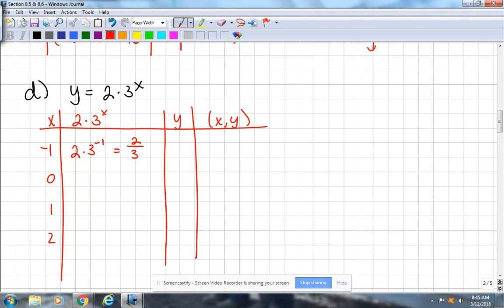Does that make sense? You keep the 2 up there because it's got a positive exponent. You move the 3 to the denominator. Does that make sense to everybody? Everybody good? Okay, so that one's 2/3. The one in pairs, -1, 2/3.